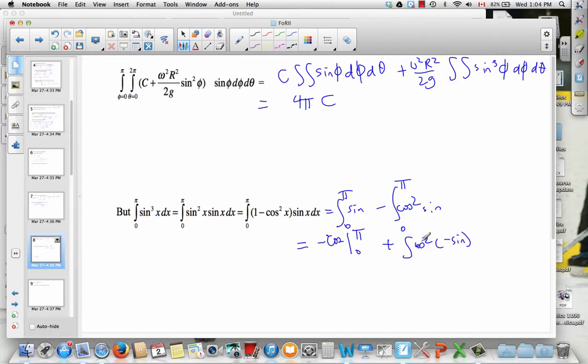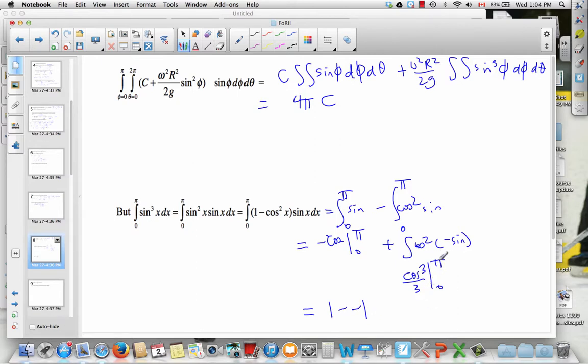So the antiderivative of this one is u cubed over 3, i.e. it's cos cubed over 3 from 0 to pi. So putting in pi, you get minus minus 1. Then subtracting negative 1, you get minus negative 1.